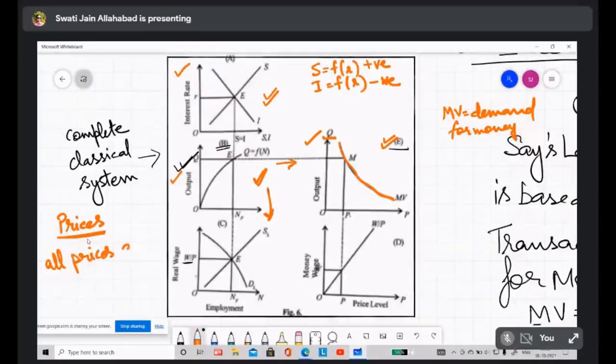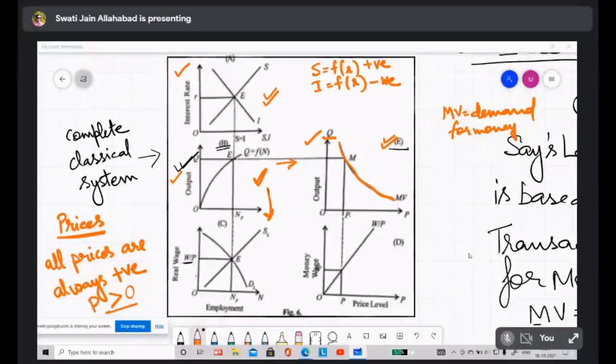Positive means greater than zero, every time. That is compulsory. Price cannot be negative. There can be no zero price and no negative price. So every factor will always have a positive price. So it is believed in the classical system.